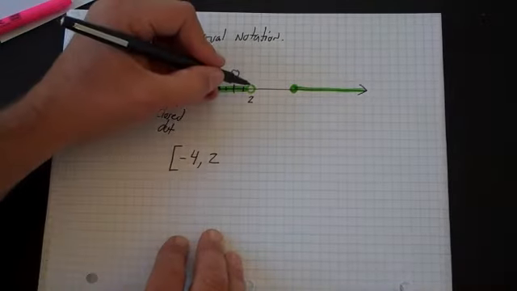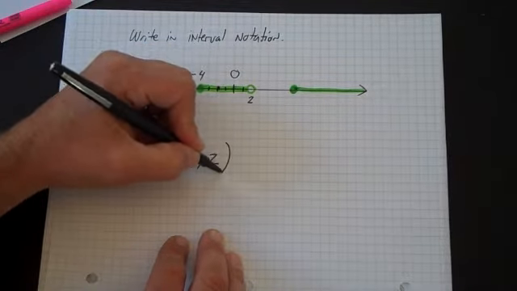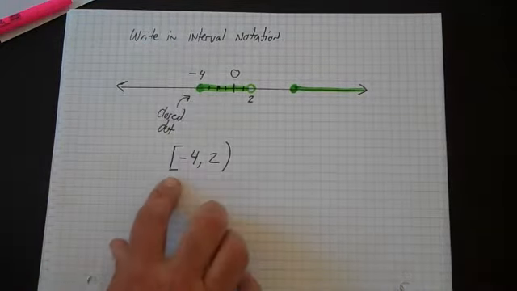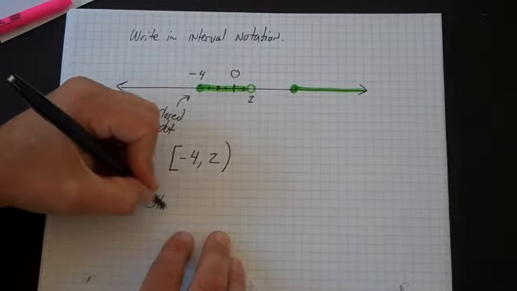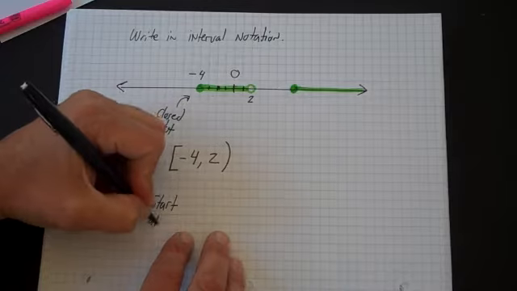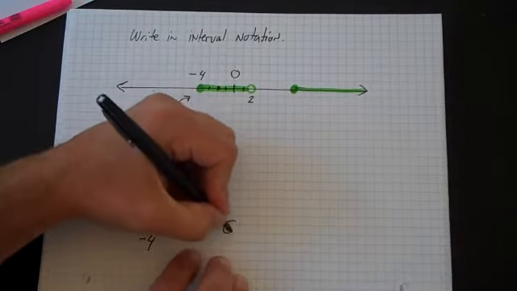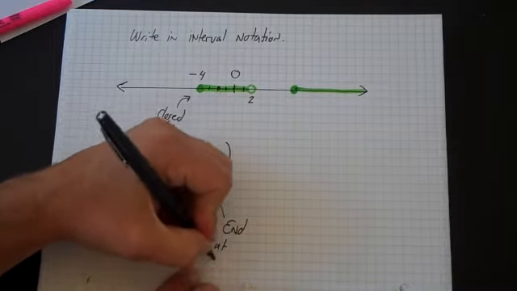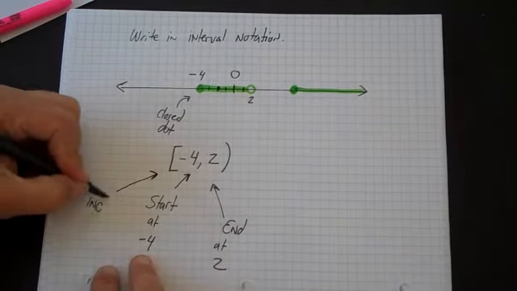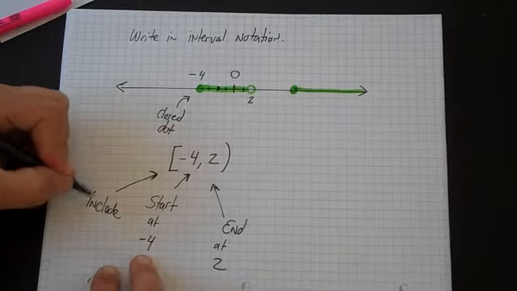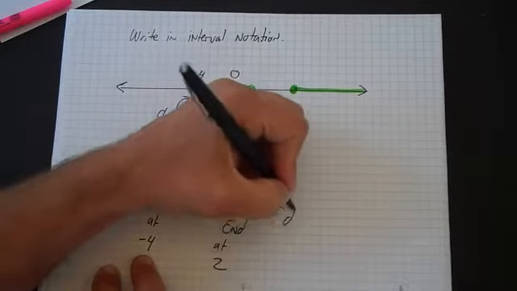And then we're not going to include 2, so we're going to put an open parenthesis there. The way that we read this is start at minus 4, end at 2. This closed bracket means include the beginning point, so in this case, include minus 4. Don't include 2.